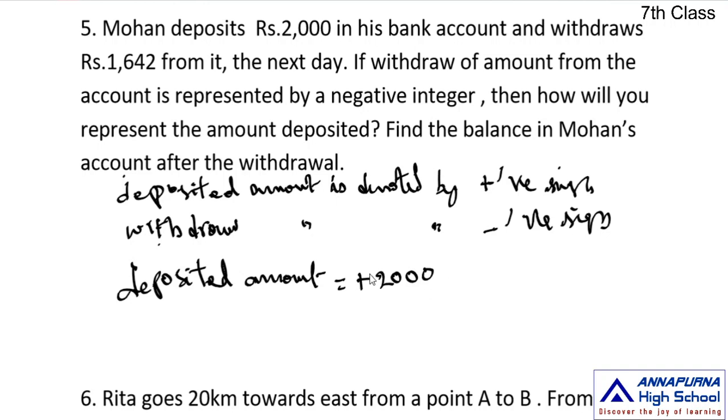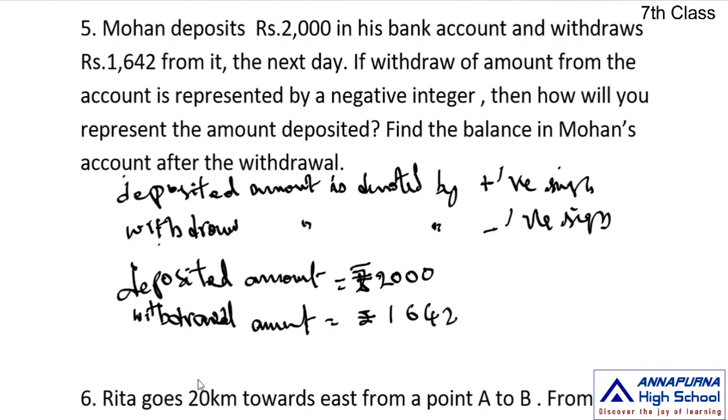Actually we have to use the plus sign, but usually we omit it, so write 2000 rupees. Now the withdrawal amount is equal to how much?